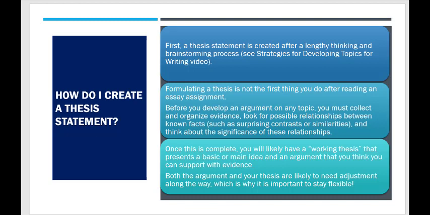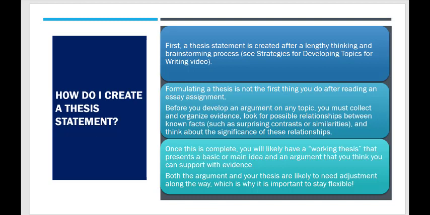Once you do that, you also have to understand that this is still just a working thesis. Writing is not static. It's always evolving. Even if we're writing such a small essay, for instance, many of you are writing the 3 pages of an essay for English 101. And with that being said, we don't have much time or space, right?